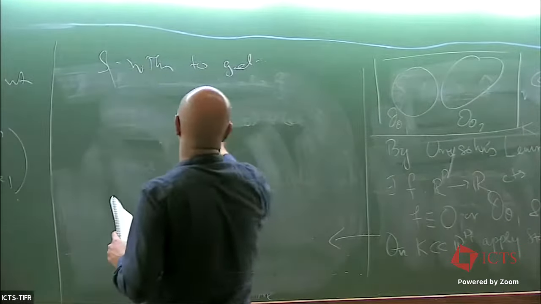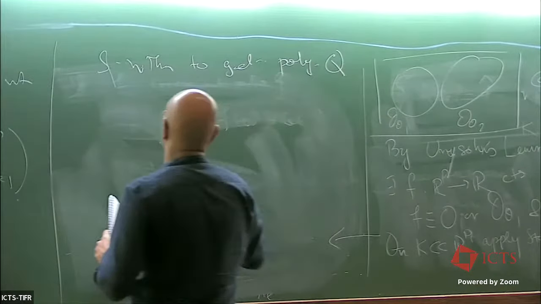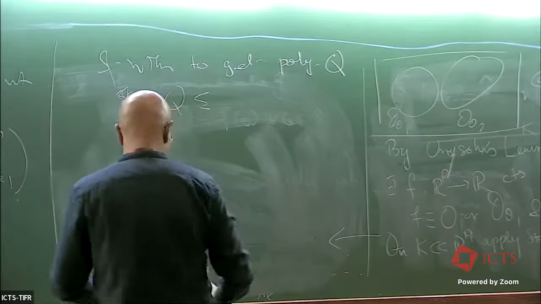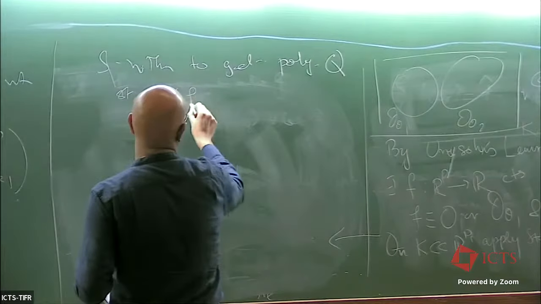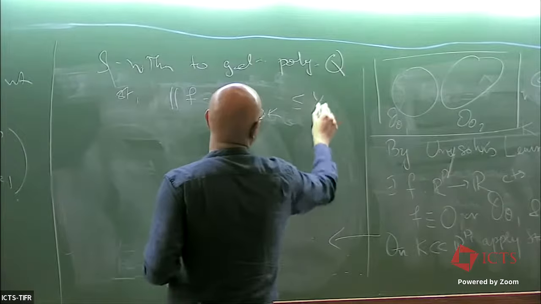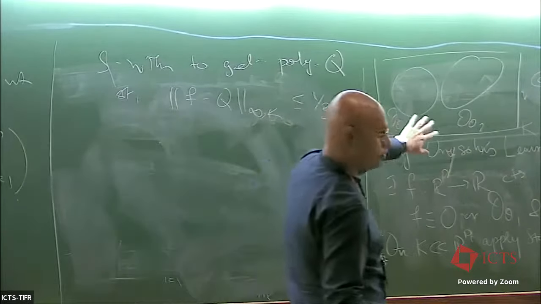a polynomial Q such that Q approximates f in the L infinity norm on K to a degree 1/3, let's say. Outside K, what happens?